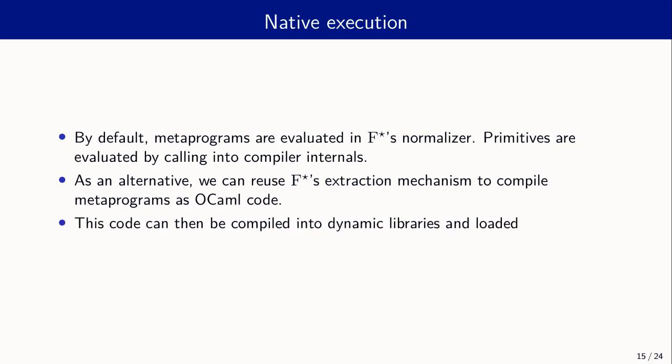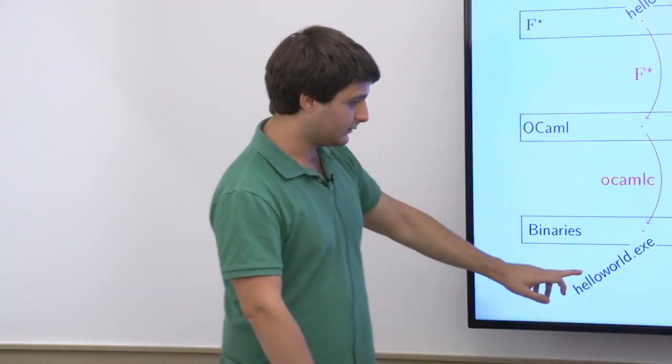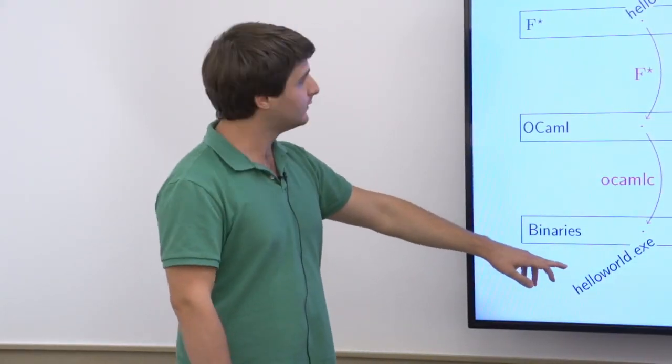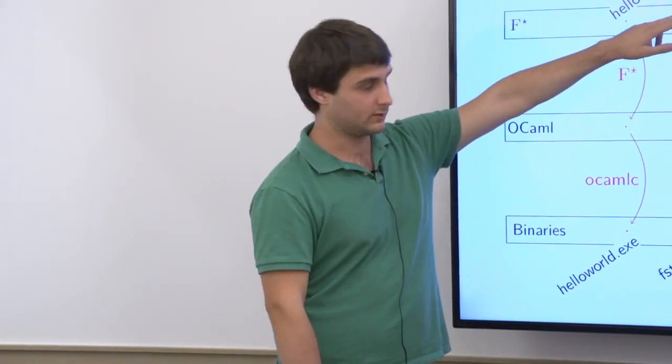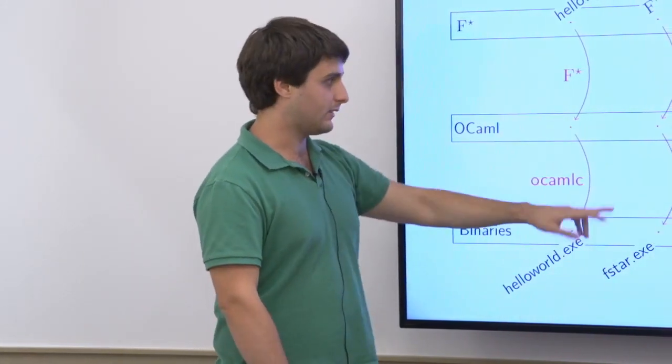As an alternative, we can actually just extract the things and link them back into the compiler. So a quick view: the usual lifetime of an F-star program is you have hello world FST, F-star makes it into OCaml, and you compile it into an executable and you run it. The F-star compiler itself is actually written in F-star and follows this same path.